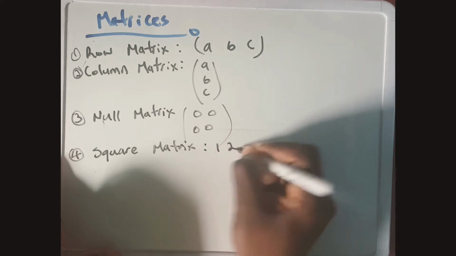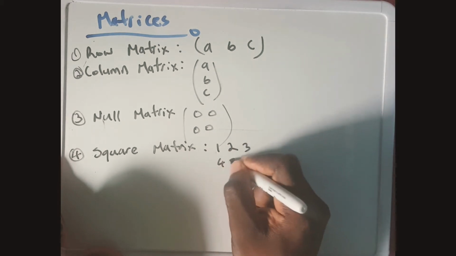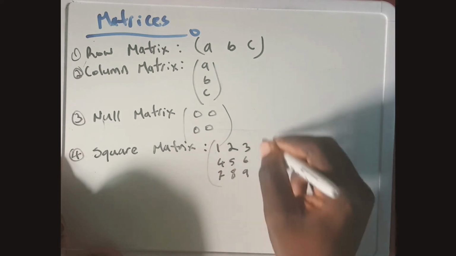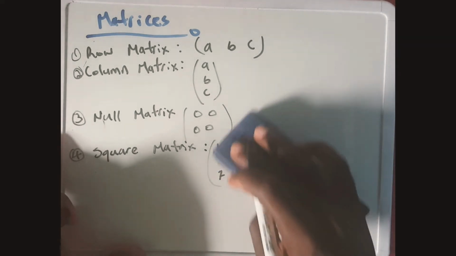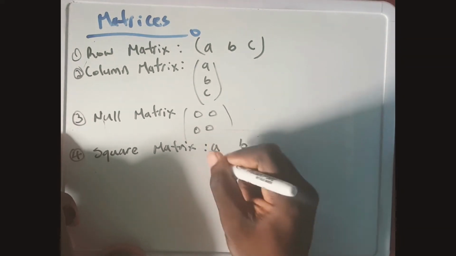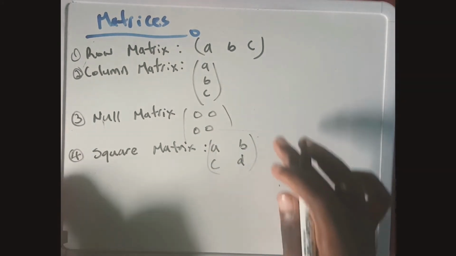So 1, 2, 3, 4, 5, 6, 7, 8, 9. This matrix here would be a square matrix. Also a 2 by 2 matrix, A, B, C, D, would also be a square matrix.